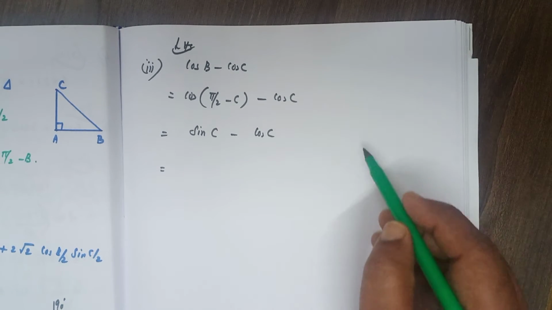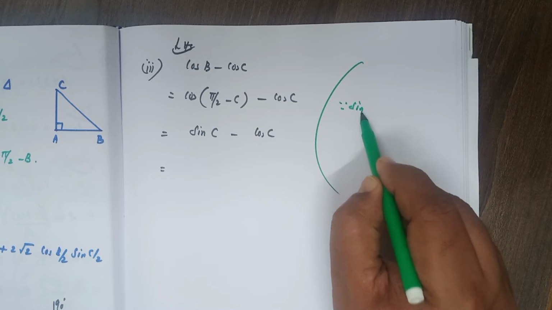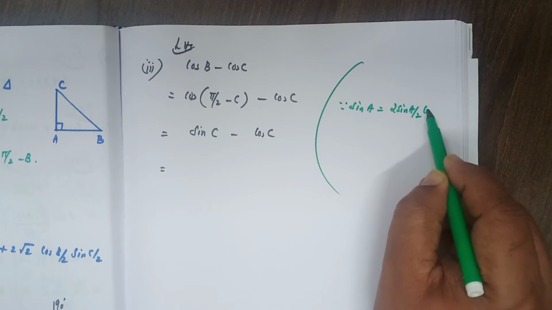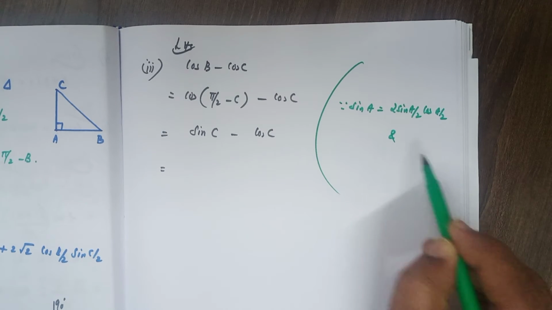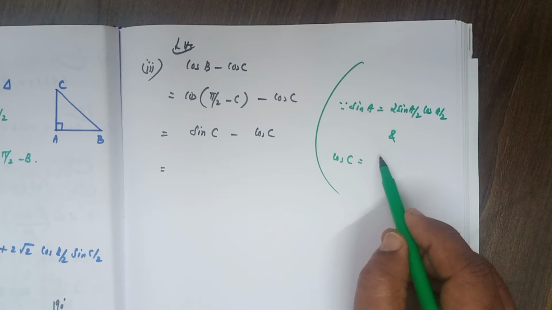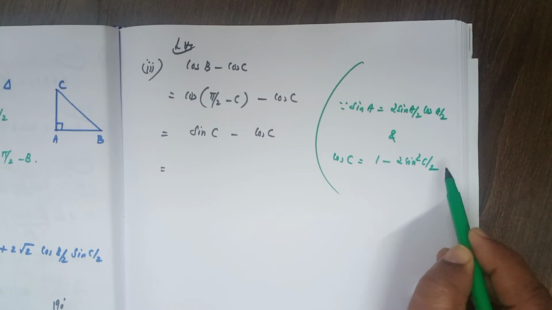Here we have to apply two formulae. One is the sin A half angle formula, 2 sin A by 2 cos A by 2, and the cos A formula in terms of sin, 1 minus 2 sin squared A by 2.